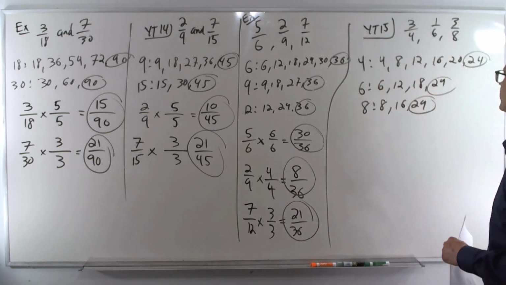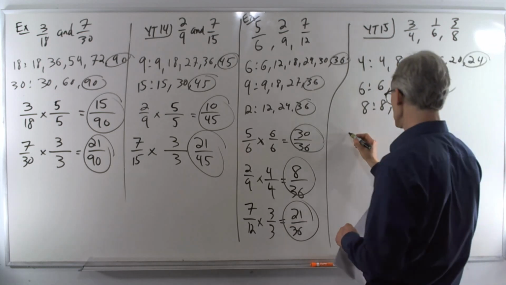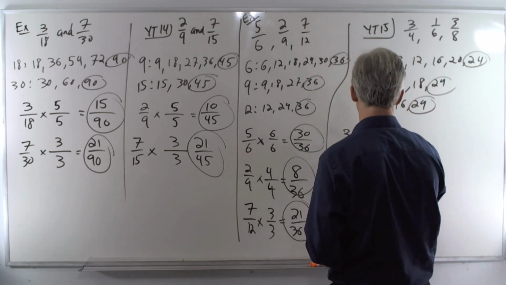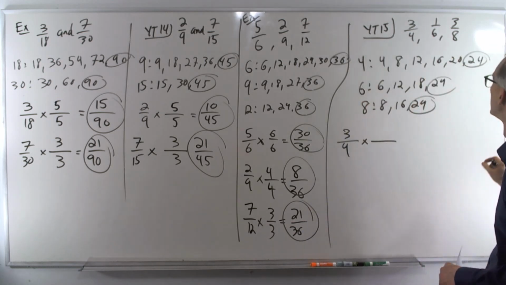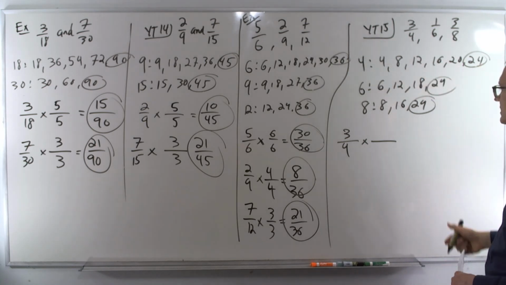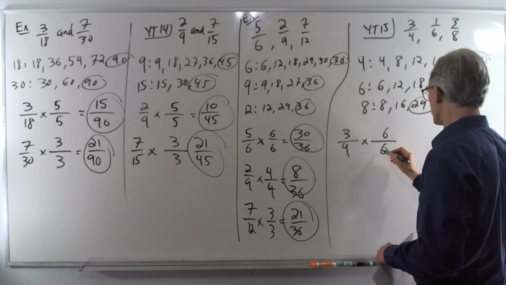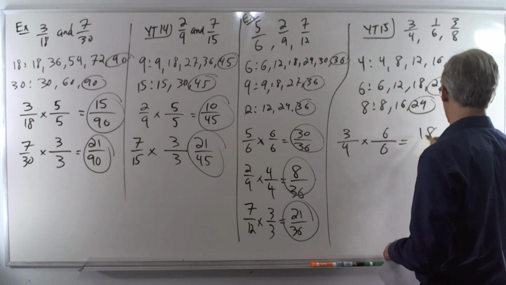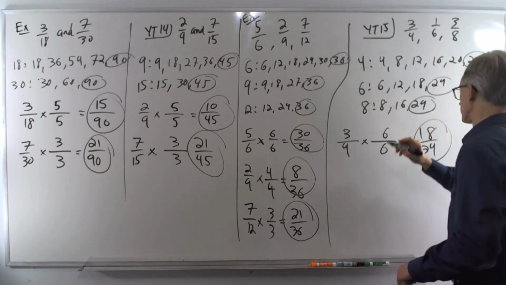There, we got a match at 24. So 24 is the 1, 2, 3, 4, 5, 6th multiple of 4. Multiply by 6 over 6 to get 18 over 24.